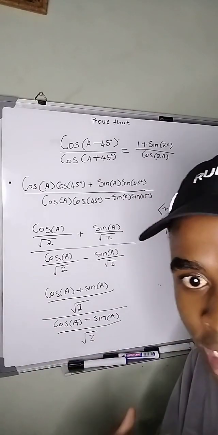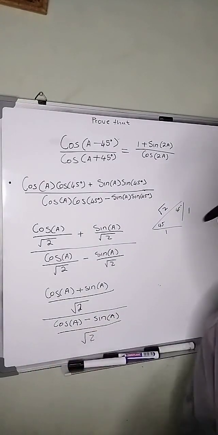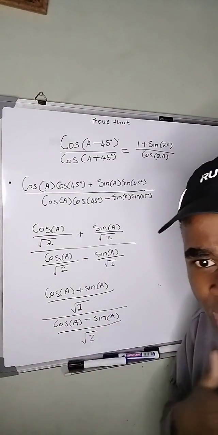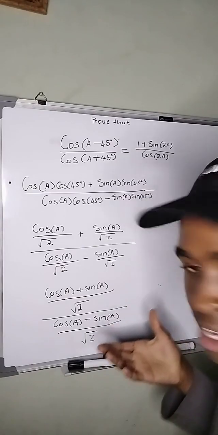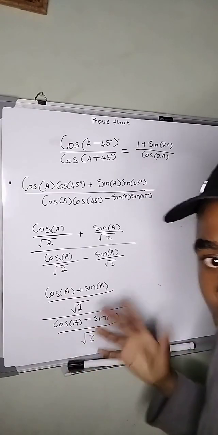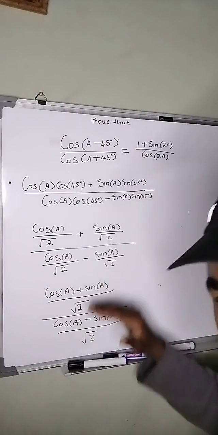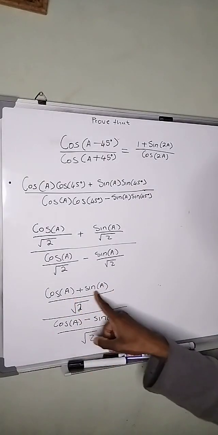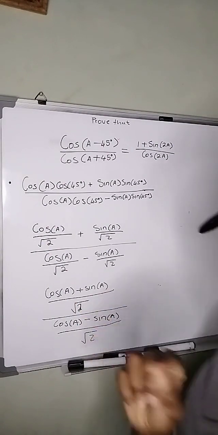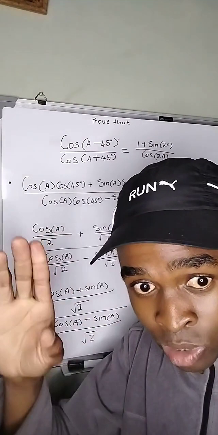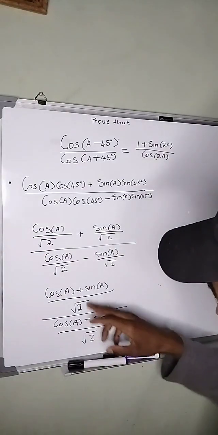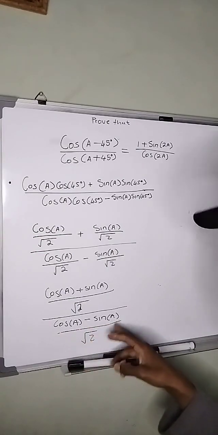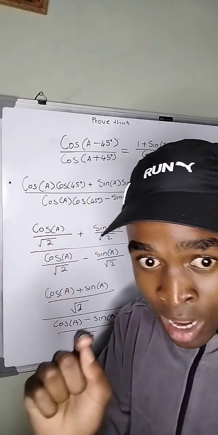Grade 1 division sign. Personally, I hate this. But I'm going to say cos A plus sine A over root 2, divided by cos A minus sine A over root 2, but with the division sign, grade 1.